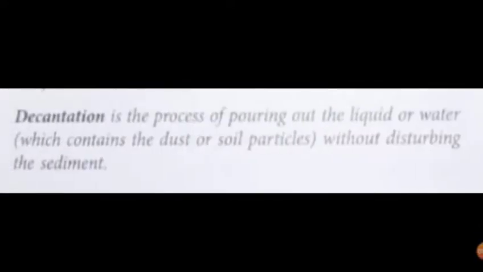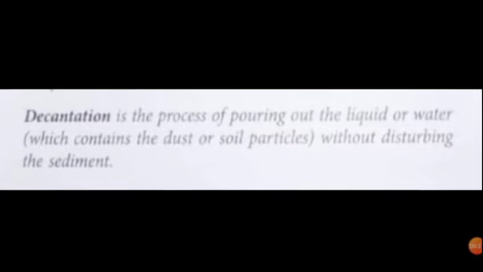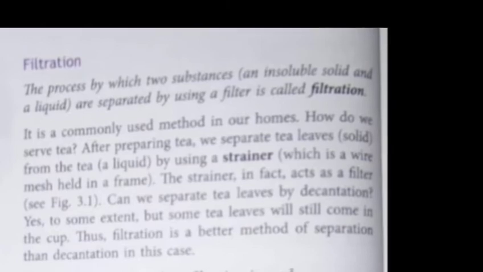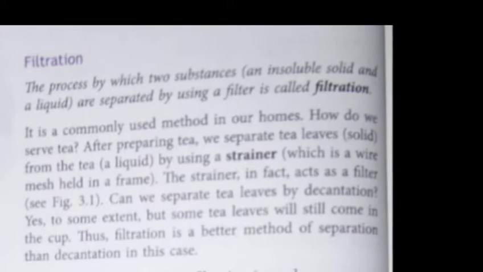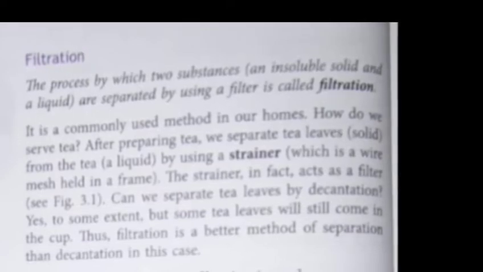Then decantation is the process of pouring out the liquid or water containing the dust or soil particles without disturbing the sediments. And then comes filtration, which is the process by which two substances, an insoluble solid and a liquid, are separated by using a filter. This is the filtration method.